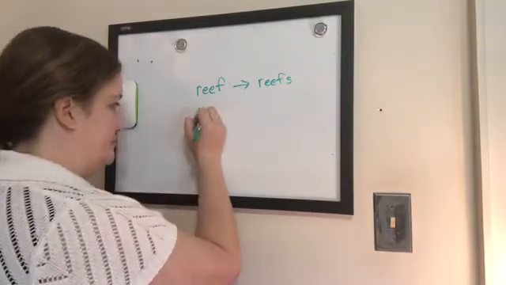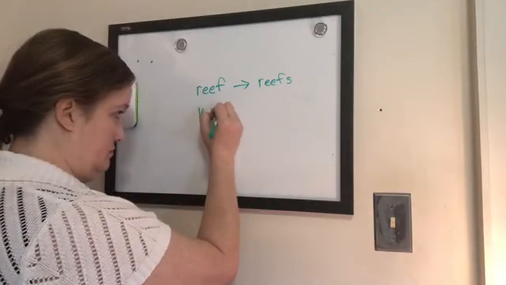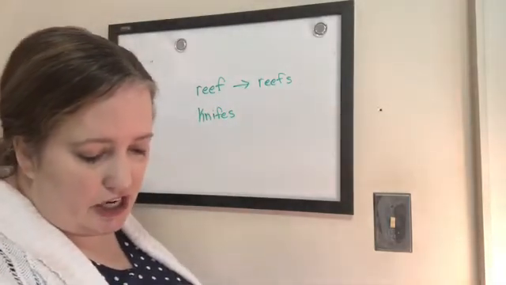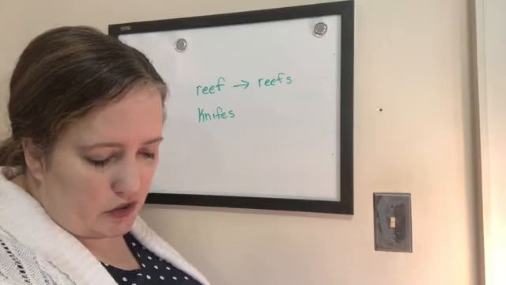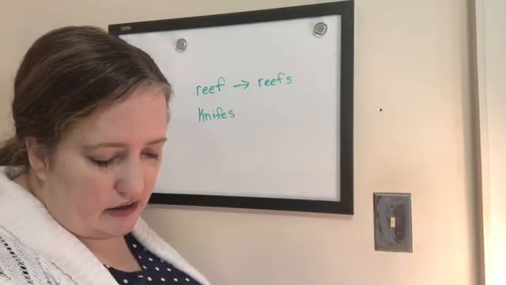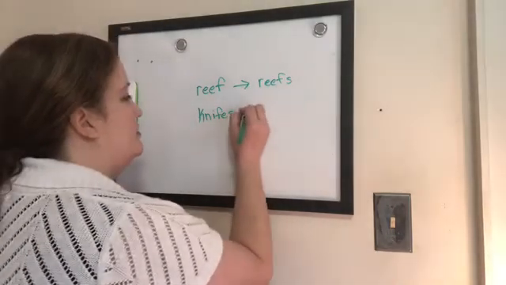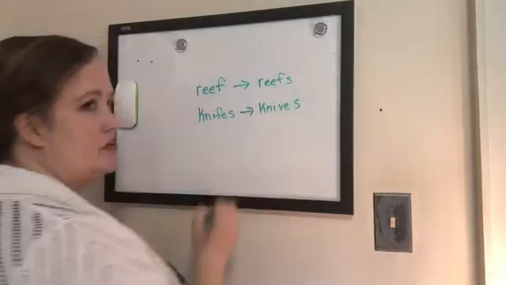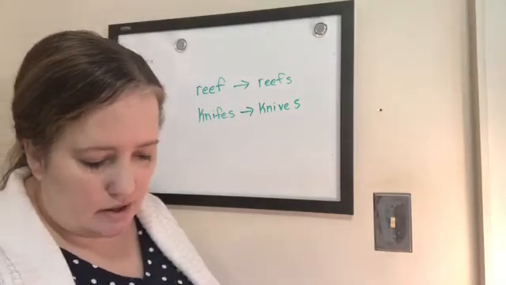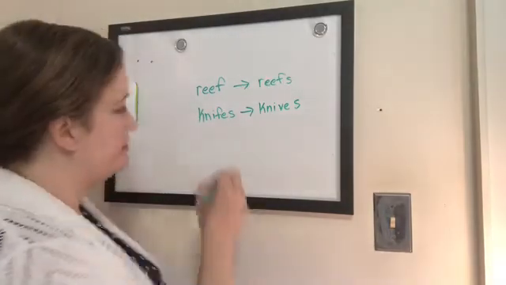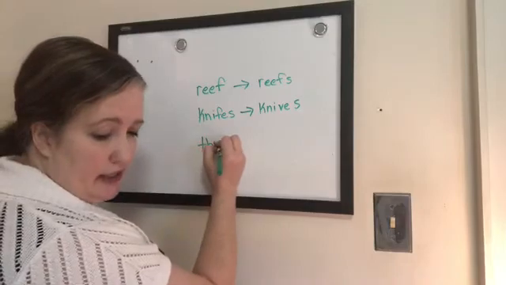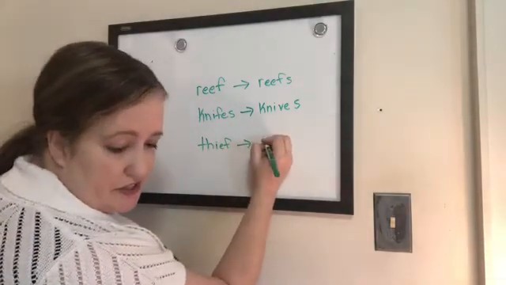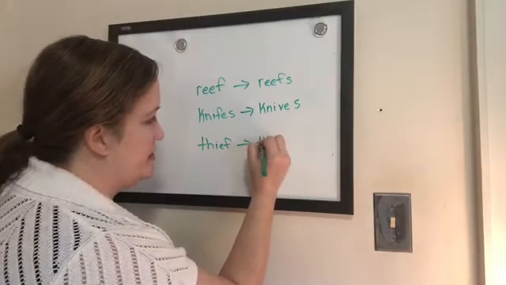Knives, this one's more of a tricky one. You change the f to a v and add es. Some of these you just have to learn. Here's a thief, another example. It changes to thieves.